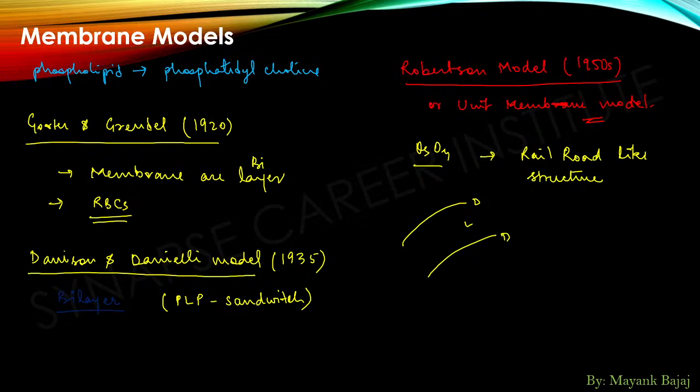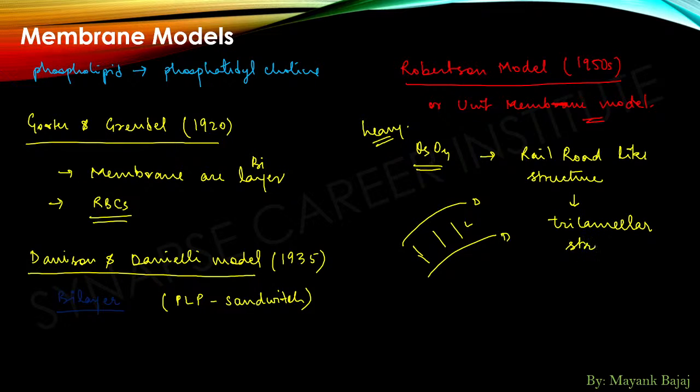However, when he treated different cells with the same osmium tetroxide, he observed that the structure of all the different cell membranes was the same, almost similar for all the membranes, right? He used RBCs, he used other cell types, and treated them with osmium tetroxide. The underlying basic structure was the same, that is the trilamellar structure.